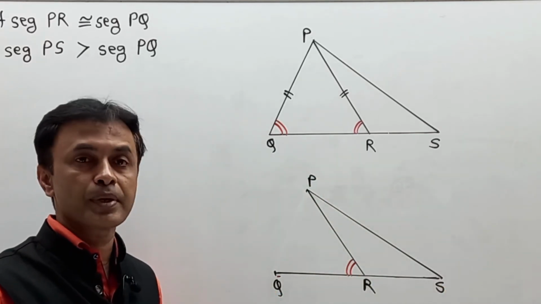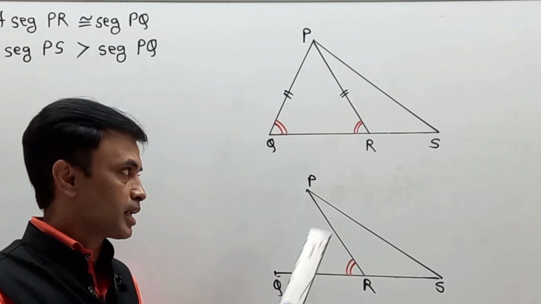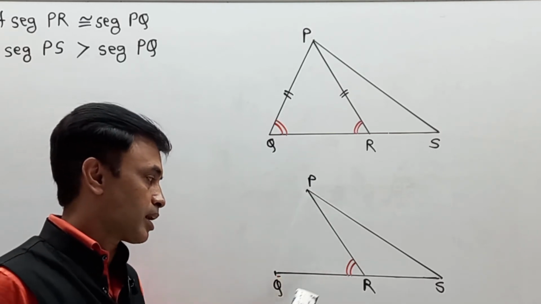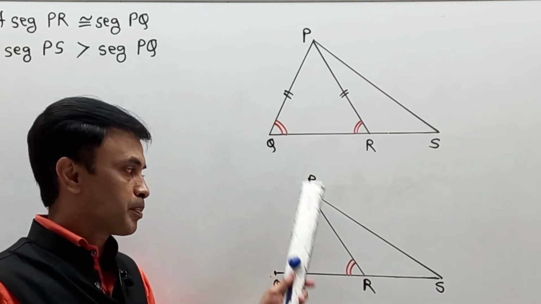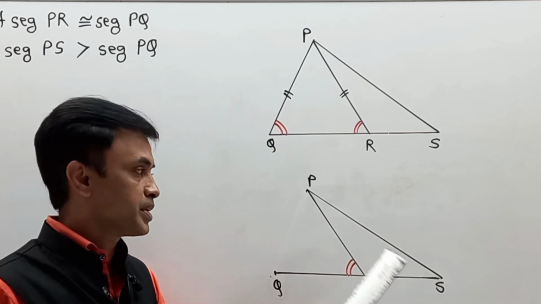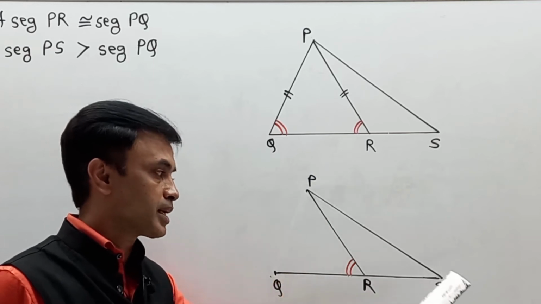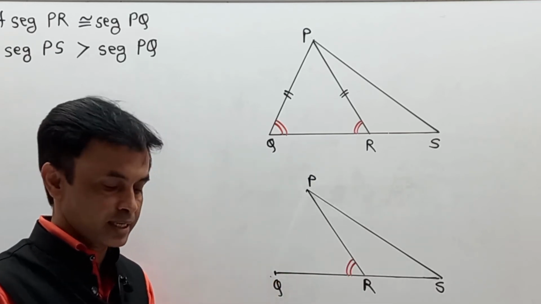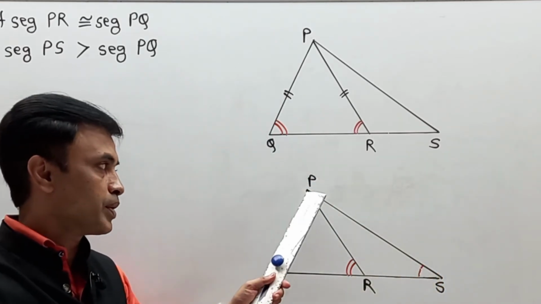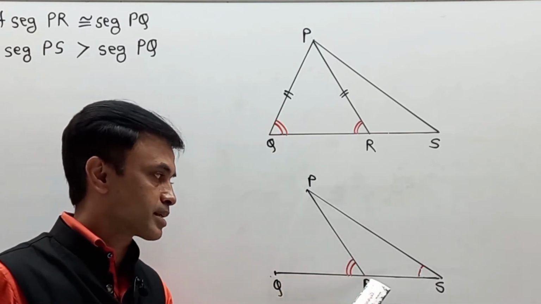Now remember, we know one property of exterior angle. The value of the exterior angle PRQ is greater than the remote interior angle. Means definitely PRQ is greater than angle PSR. Means this R is greater, or we can say that this S is comparatively smaller.